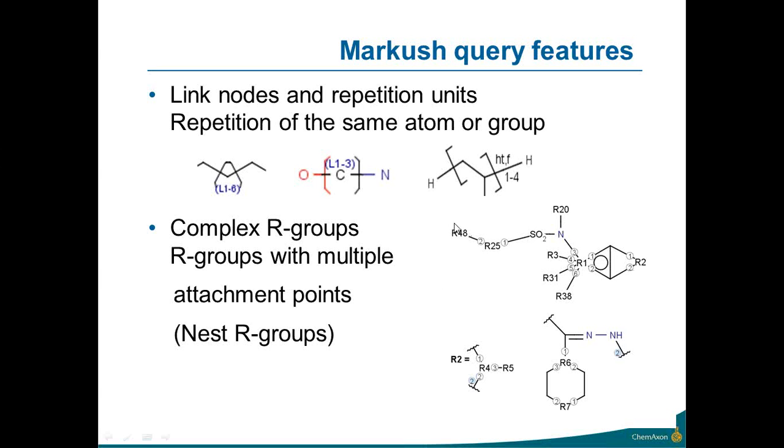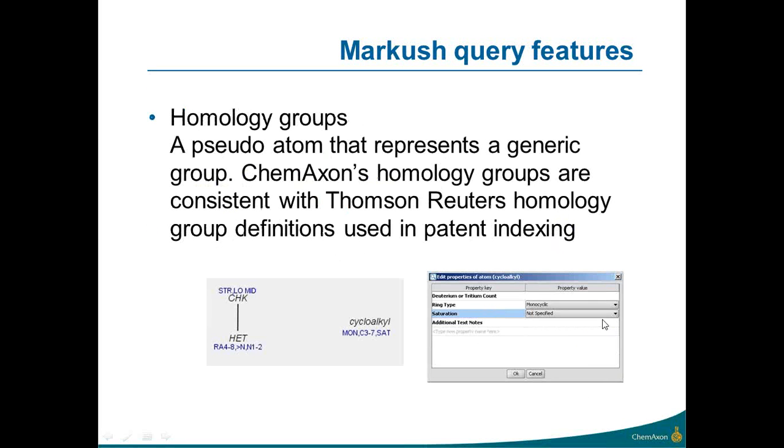As you can see in these examples, we have up to 48 R groups attached. And last but not least, homology group, again, pseudo-atoms that represent generic groups are supported, and all are consistent with Thomson Reuters homology group definition, which are used in patent indexing.